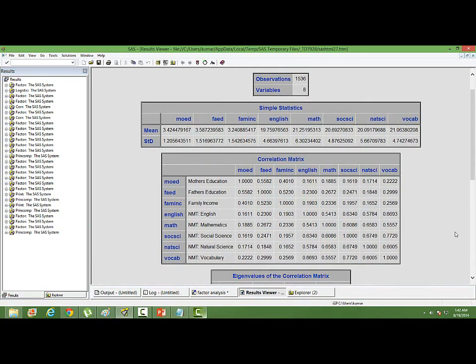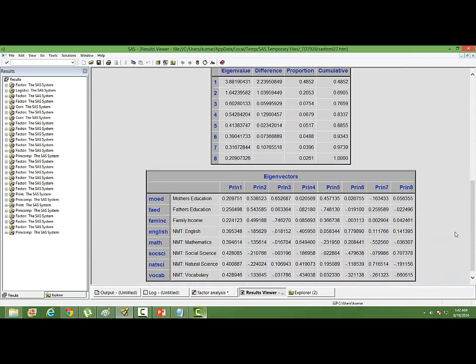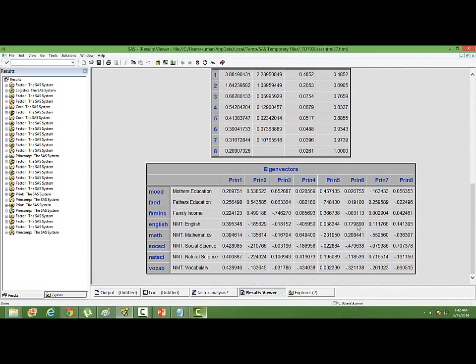Let's go straight away to the eigenvectors. You can see that in proc factor we used to get only 2 principal components. The rest are there, but they are not shown in the result because they are not very significant. As we have seen, the algorithm recommends only 2 principal components.